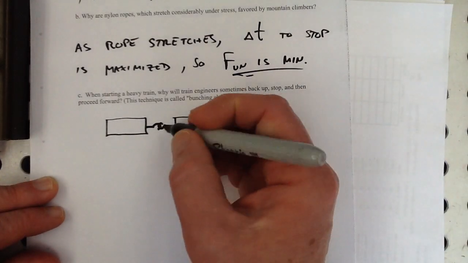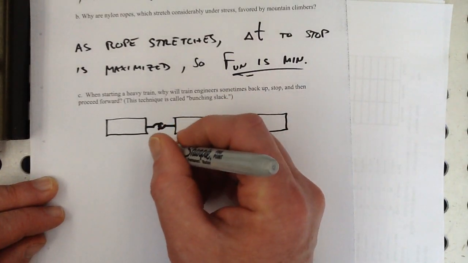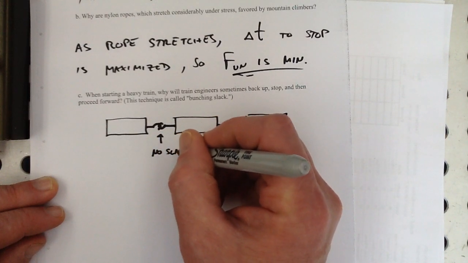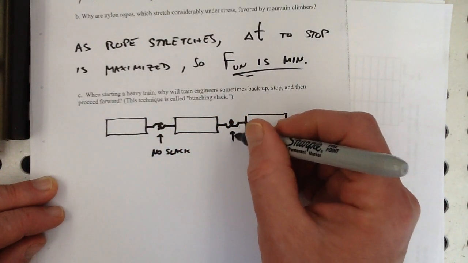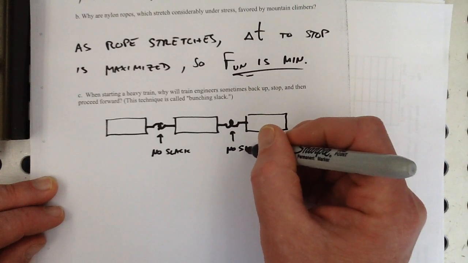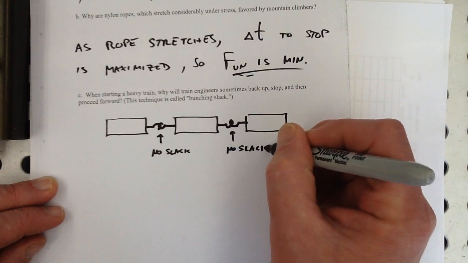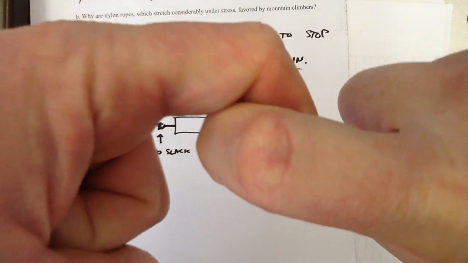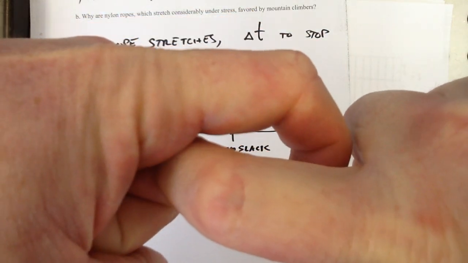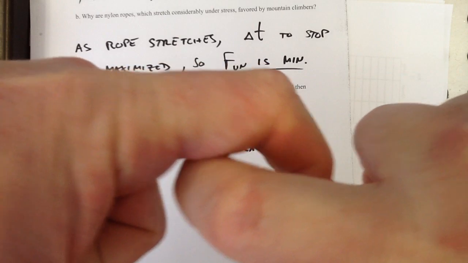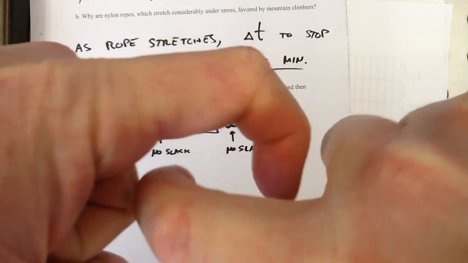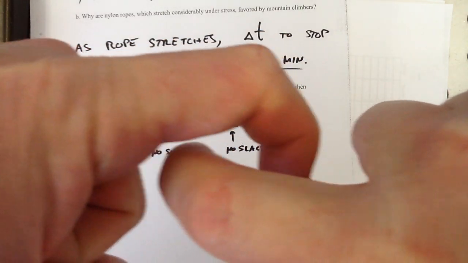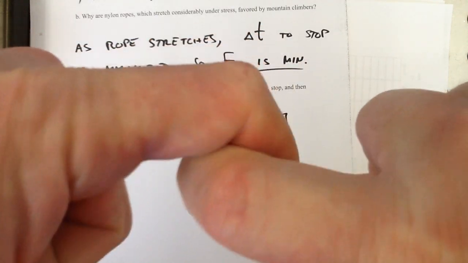Okay, so let's say there's no slack. In other words, what do we mean by slack? We're talking about like the 2 hooks are already hooked like this. They're not like this where there's a little bit of room to move before they come in contact. This would be some slack where they're not touching each other yet, and then no slack would be they're already tight like that.